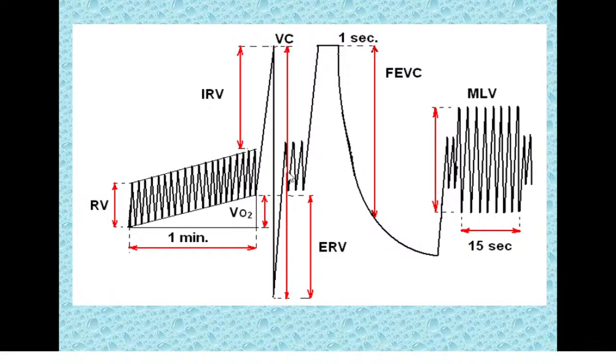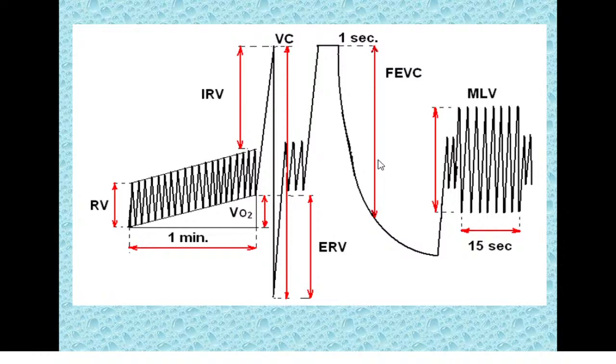vital capacity, characterizes elasticity of the lung, and you understand first of all it will be decreased in the respiratory type of lung failure. Next, forced expiratory vital capacity, when after deep inspiration the patient exhales as fast as possible, and exhalation during the first second.